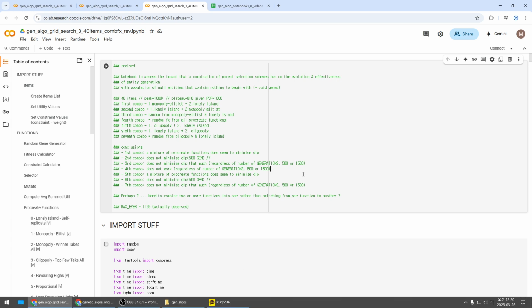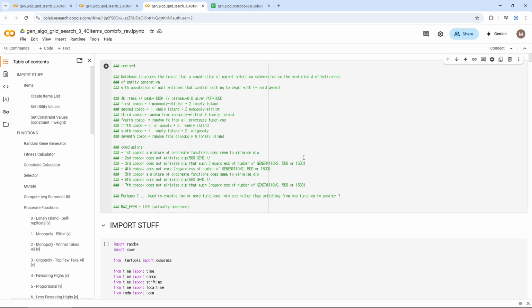Today, or rather tonight, we're going to cover the Jupyter notebook titled Genetic Algorithm Grid Search 340 Items Comb FX, as in a combination of functions, revised.